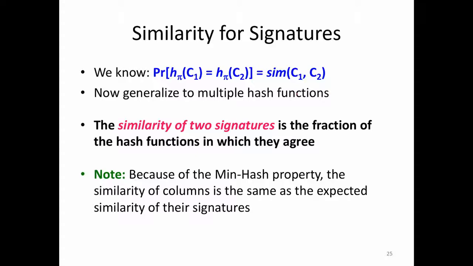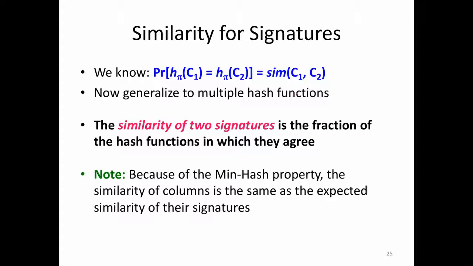Now, you can generate many such random permutations independently, so we can generalize this to multiple hash functions. We are generating many of these pi's independently.